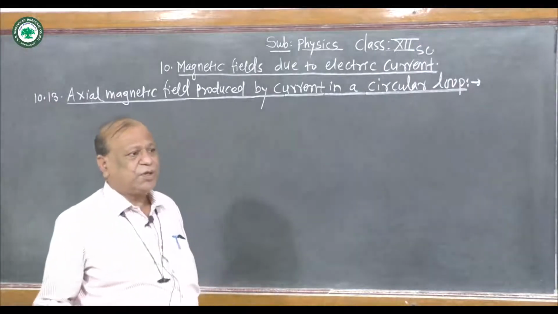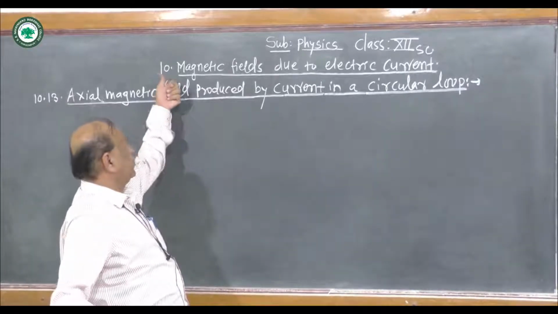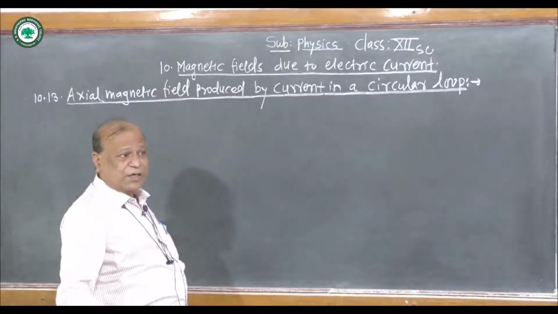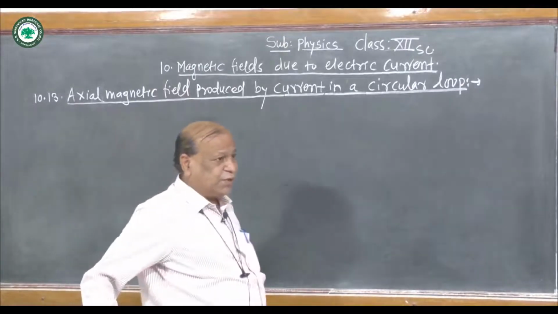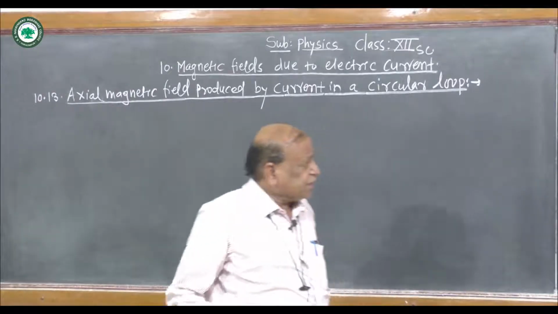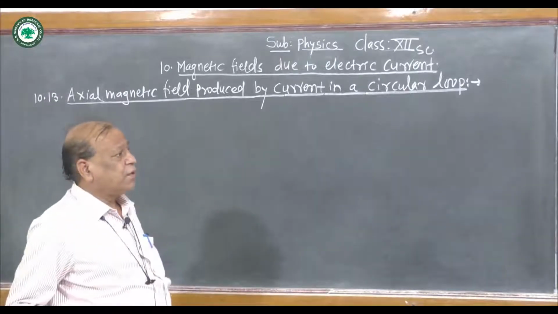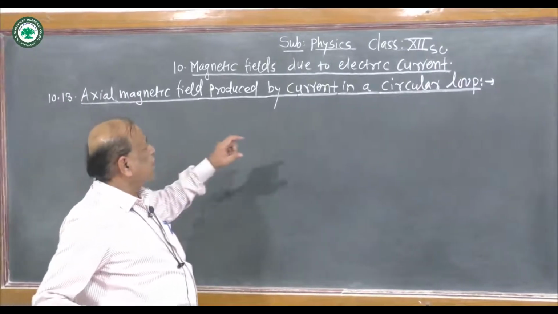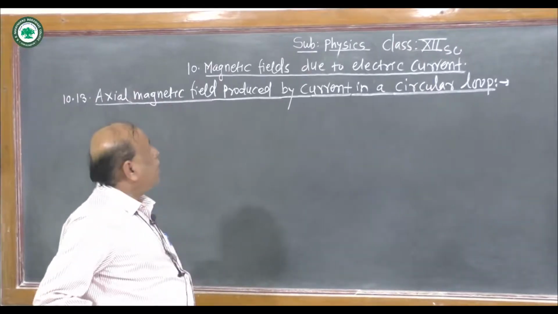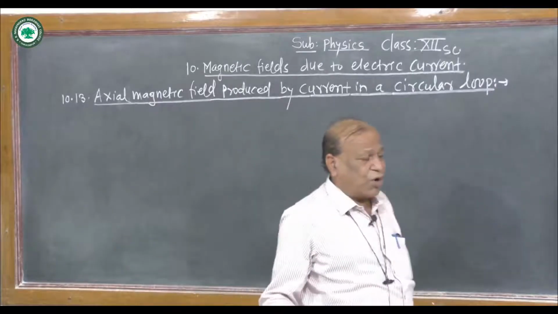This is my lecture number 9 on the topic number 10, magnetic fields due to electric current. In the previous lecture, we saw the magnetic field produced by a current carrying circular arc using Biot-Savart law.